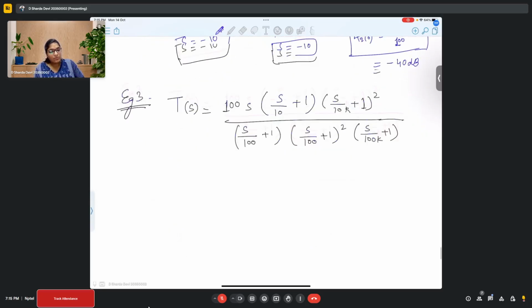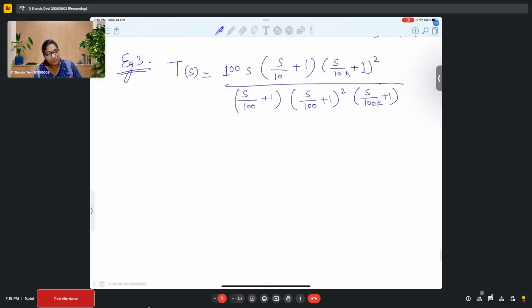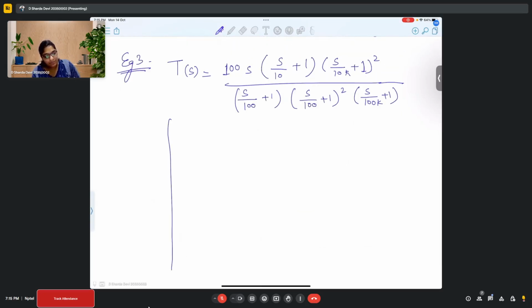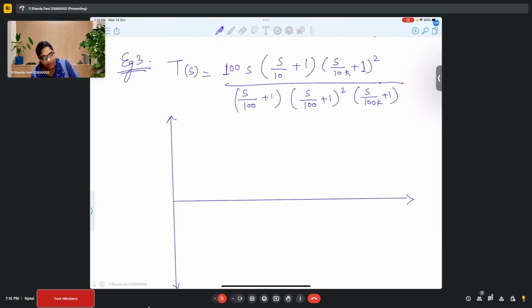Now for this particular transfer function, let's draw the Bode plot, okay? So say it's my 20, 40, 60, minus 20, minus 40.